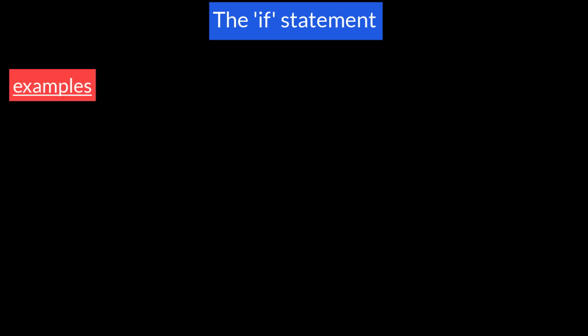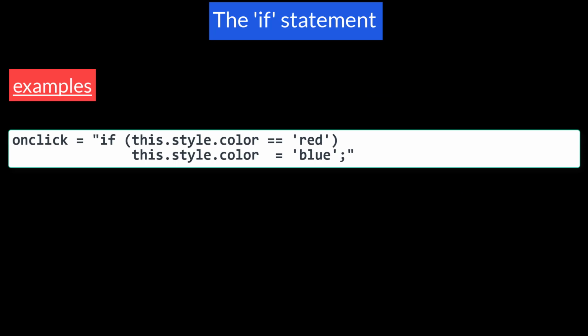Here's an example. onclick equals, quote, if, this.style.color equals equals, quote, red, all in parentheses, this.style.color equals blue, semicolon, close quote. Note the punctuation, especially the open and close single quotes and double quotes.